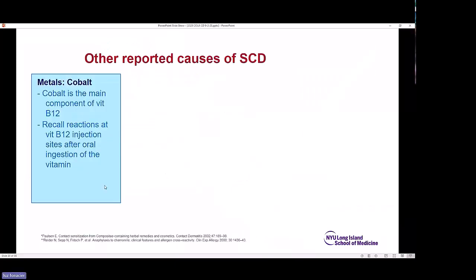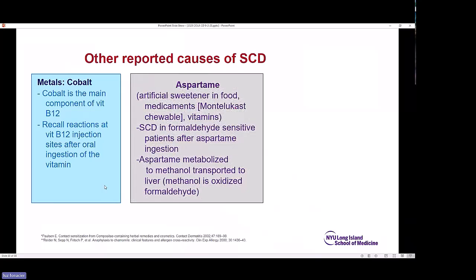There are other reported systemic contact dermatitis: cobalt, which, remember, is a main component of vitamin B12. I've had patients with recall reaction in the B12 injection after oral ingestion of the vitamin. Aspartame is very relevant to us in the sense that Montelukast chewable actually has aspartame, and systemic contact dermatitis in formaldehyde sensitive patients after aspartame ingestion has been reported.